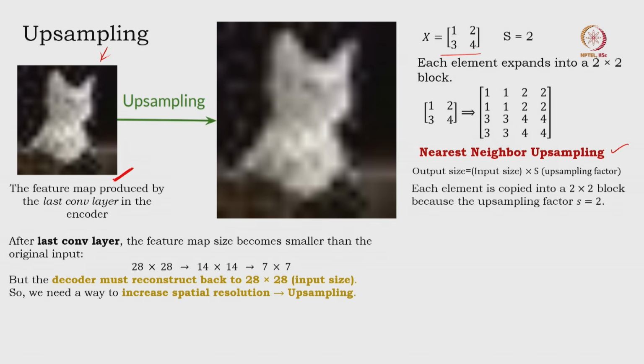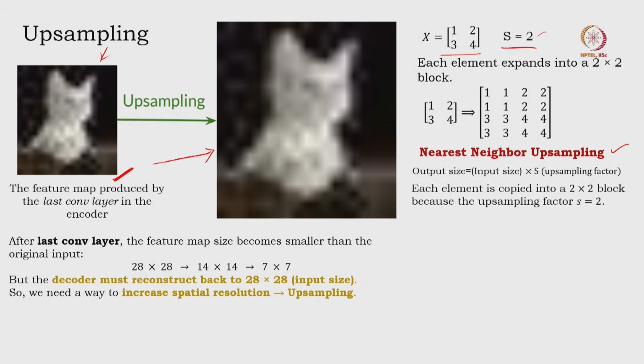What is our ultimate aim? From this, you have to increase the size. By how much do you want to increase? That is the upsampling factor, I am sorry, not scaling factor. So, S value is 2.